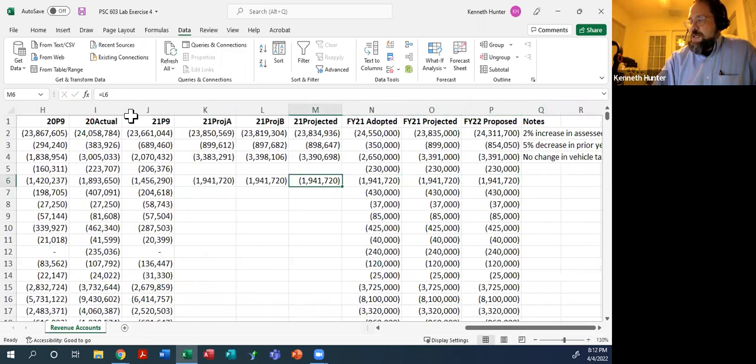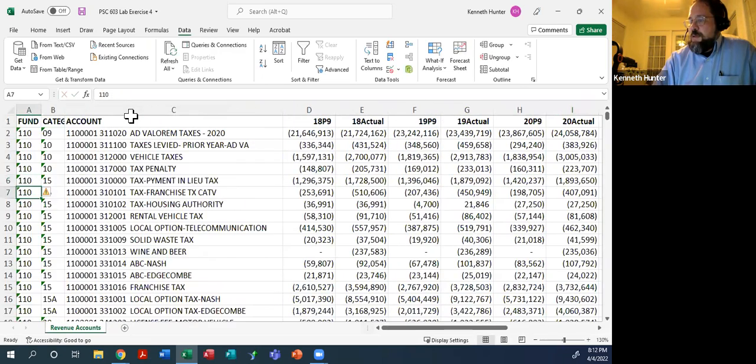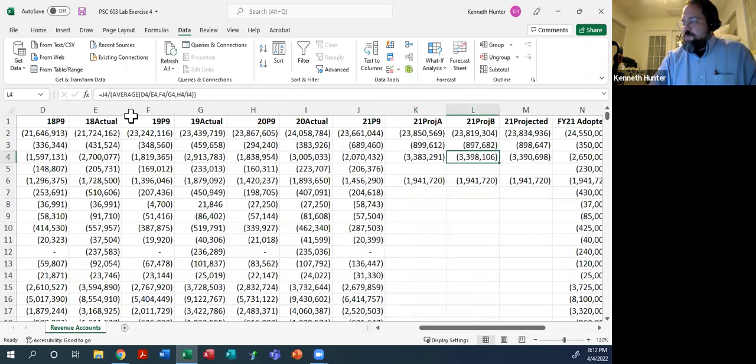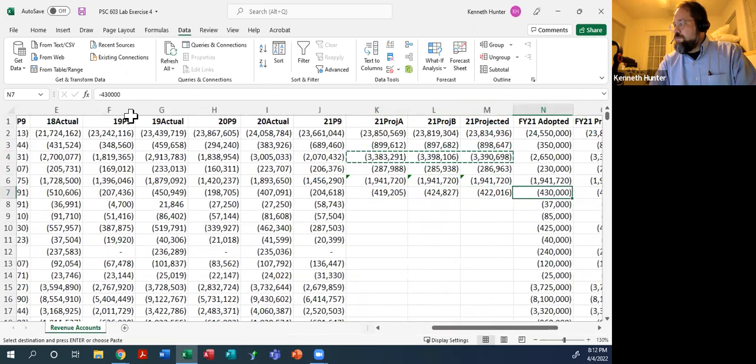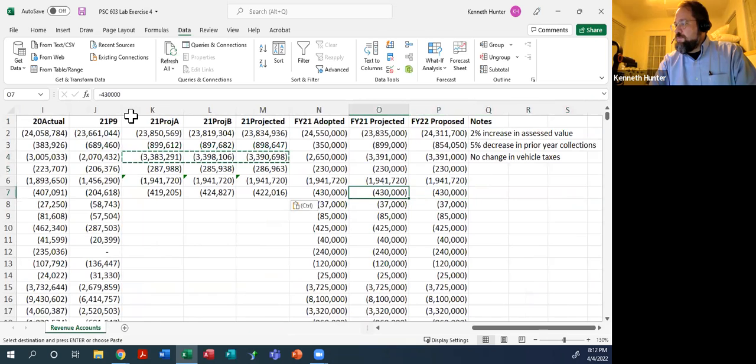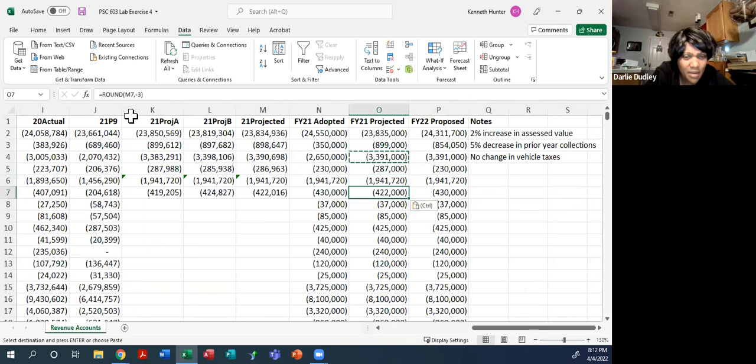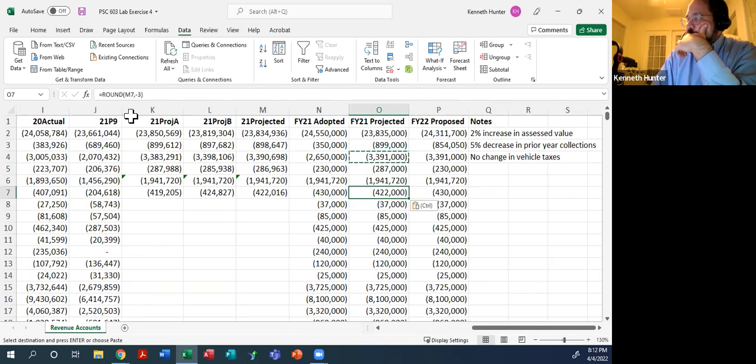So it's not going to change. You said it was the actual amount, okay, from the adopted, okay. Right, yes.